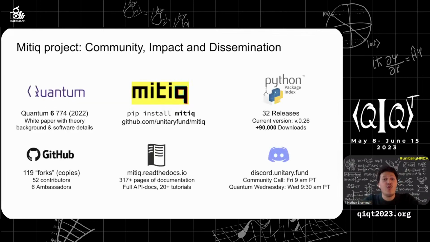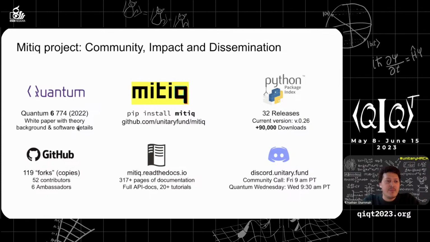Before delving into zero noise extrapolation with Mitiq, let me give a summary of the Mitiq project here. Mitiq can be installed with a simple command line instruction, pip install mitiq, and this will install Mitiq from the PyPI server. You can find more details and contribute to the project on GitHub.